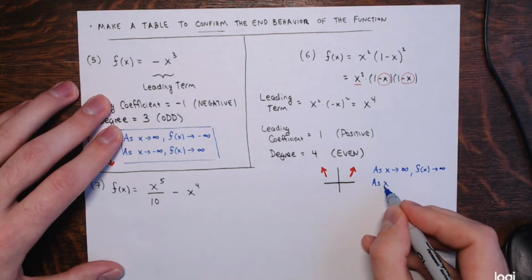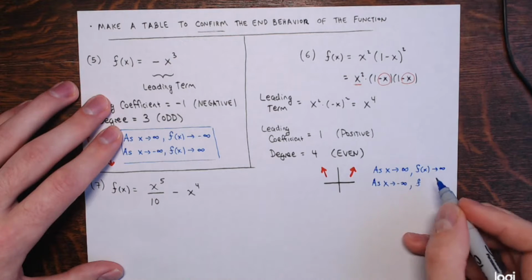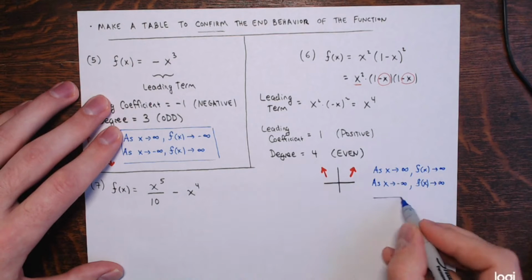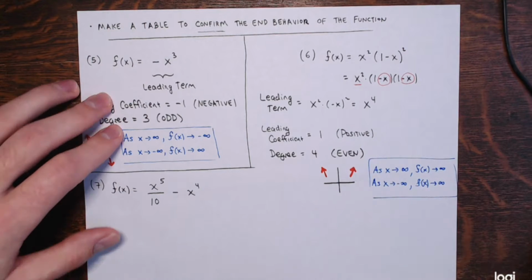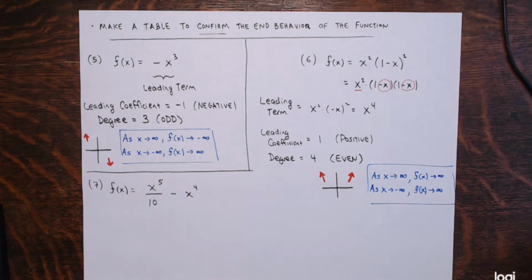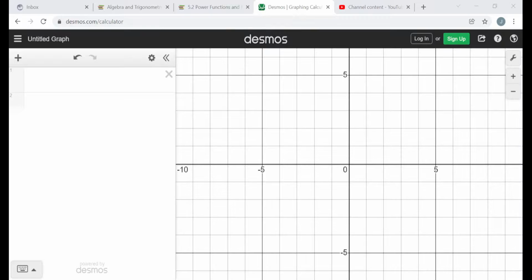And as x goes to negative infinity, as you go left, the value of the function is also going up, to positive infinity. So here's a description of the end behavior. And then they're asking us again to make a table to confirm this. So I'm going to go back to the Desmos site and make a table for this, and show you that what I've boxed in here describing the end behavior is actually happening.